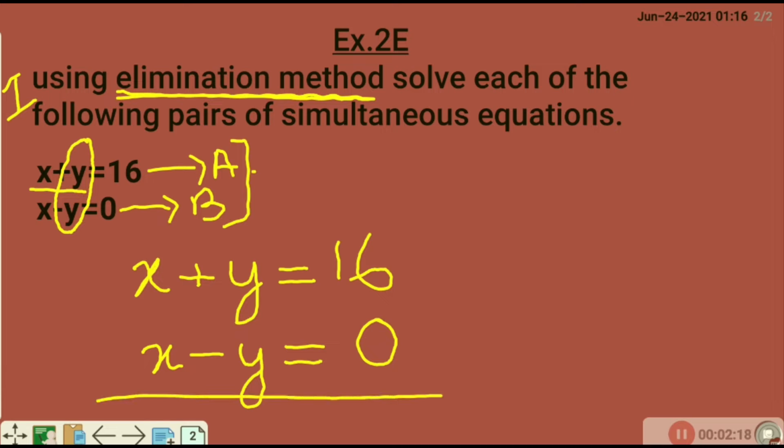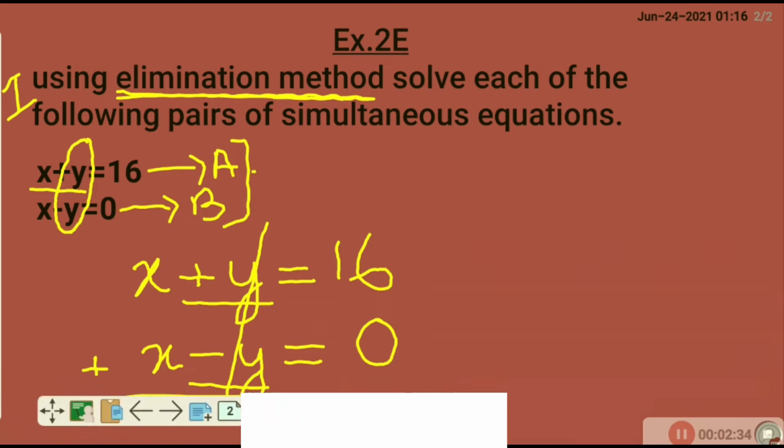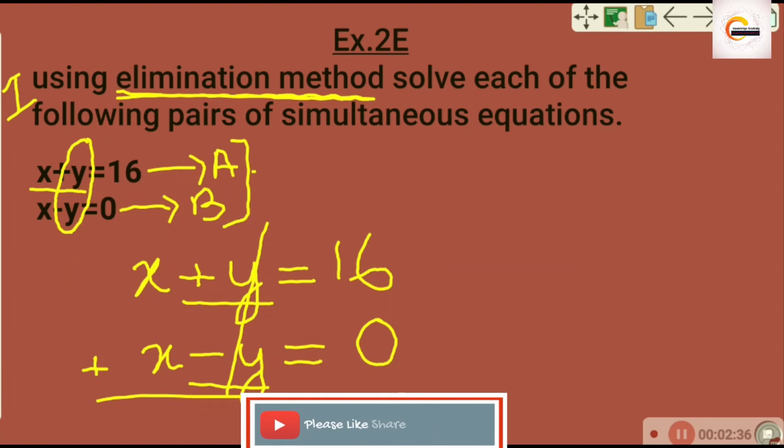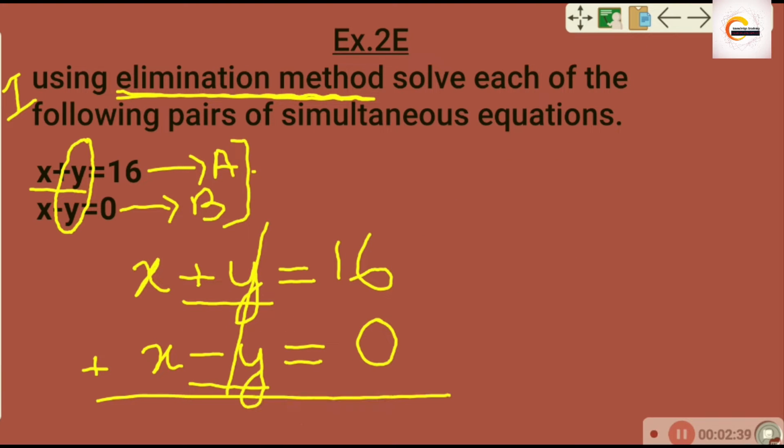How? Simple. If we add these two equations, plus y and minus y will cancel. We can also subtract the equations. We have two options, either to subtract or add, so we decide according to our equations.